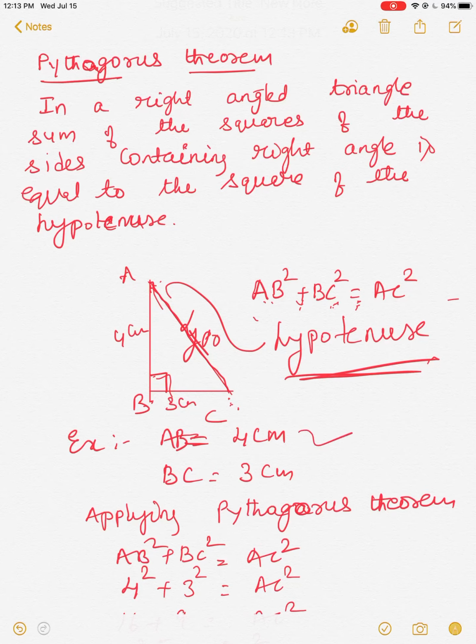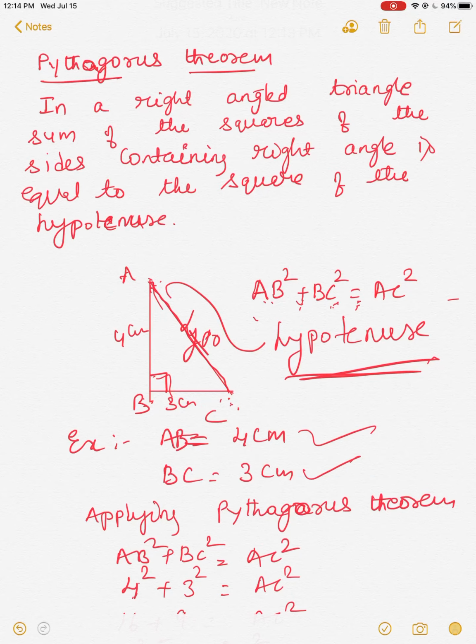Let us take AB is equal to 4 centimeters, BC is equal to 3 centimeters. Now let us apply the Pythagoras theorem. What is the Pythagoras theorem? AB square plus BC square is equal to AC square. So AB square, AB is 4, so we need 4 square.